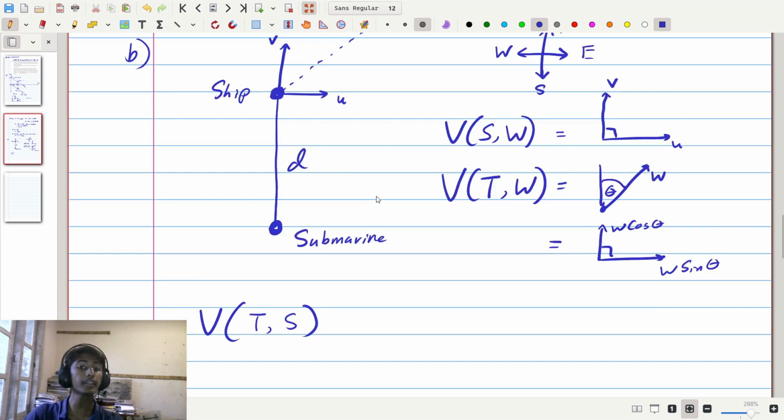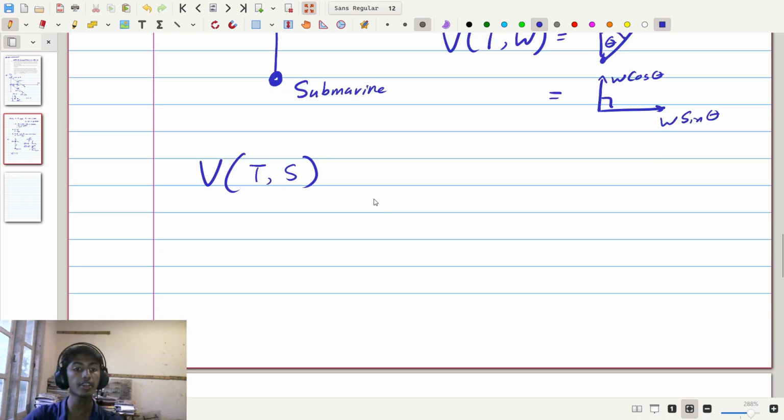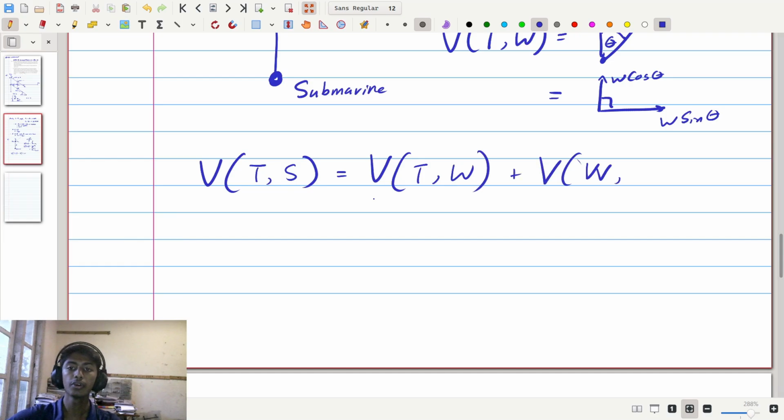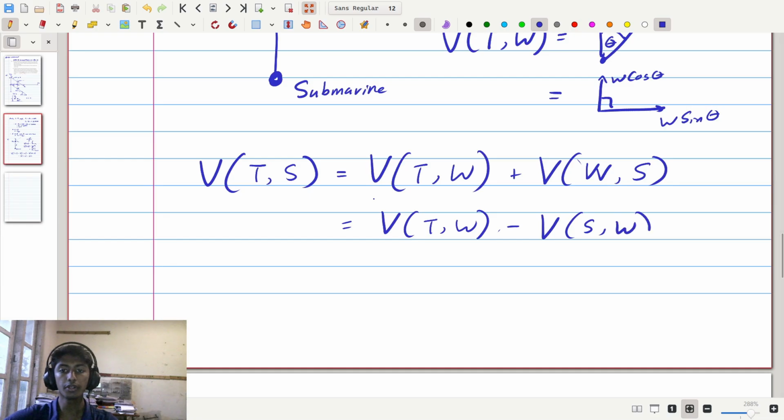According to vector addition, the velocity of the torpedo relative to the ship is equal to the velocity of the torpedo relative to the water plus the velocity of the water relative to the ship. The velocity of the water relative to the ship is equal to the negative velocity of the ship relative to the water, and therefore we have the velocity of torpedo relative to water minus the velocity of the ship relative to the water.